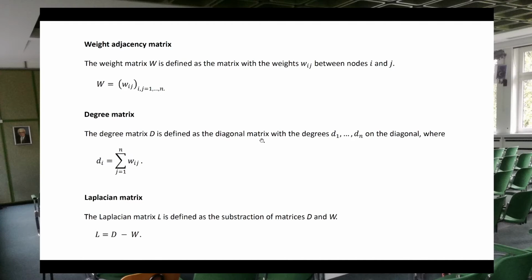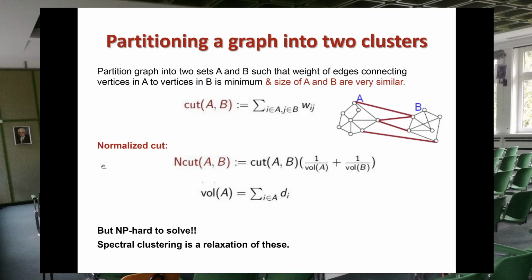This is a big D, and this is defined as a diagonal matrix. So this is a matrix that contains only zeros, except in the main diagonal. In the main diagonal, it will contain the degree of each of the nodes, from the degree of node 1 or point 1 to the degree of point n. And this degree is defined as the sum of all the weights that go out of the node I. So let me go back.